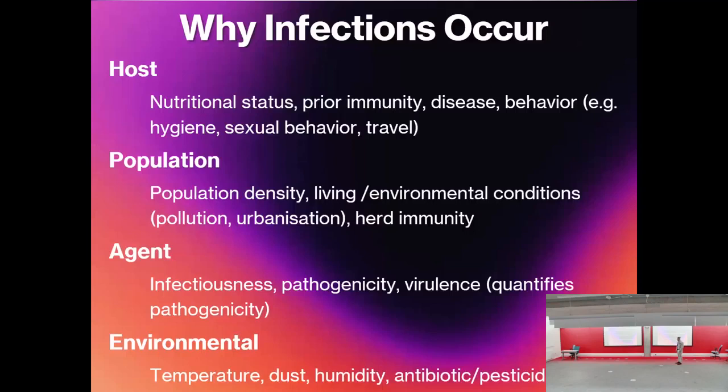I've got something here called herd immunity. What the immunity is like in the population matters. So during the age of exploration, when European settlers came over from Europe to the New World, to the Americas, they brought with them the smallpox vaccine, and there was no herd immunity like there was in Europe.